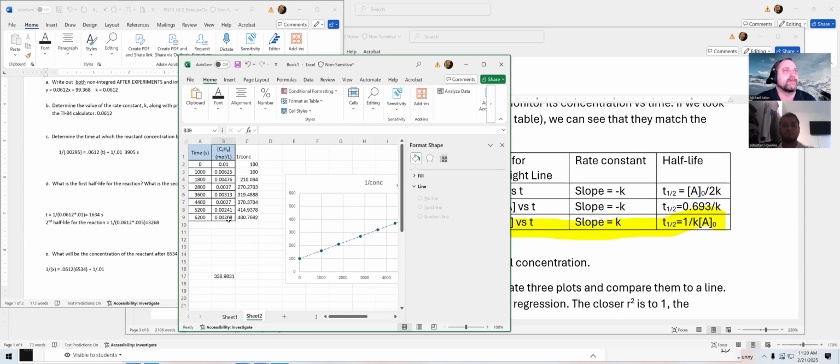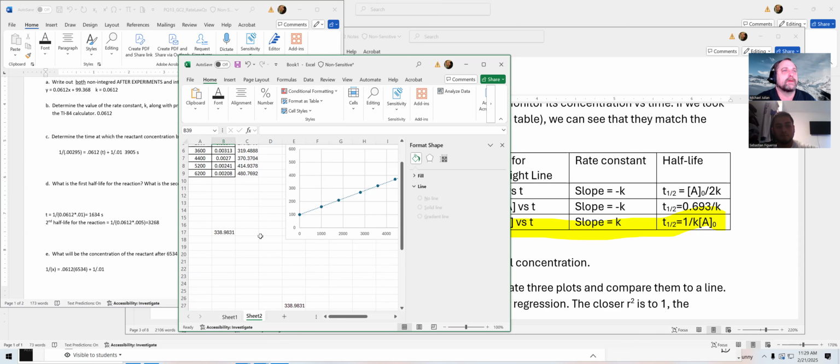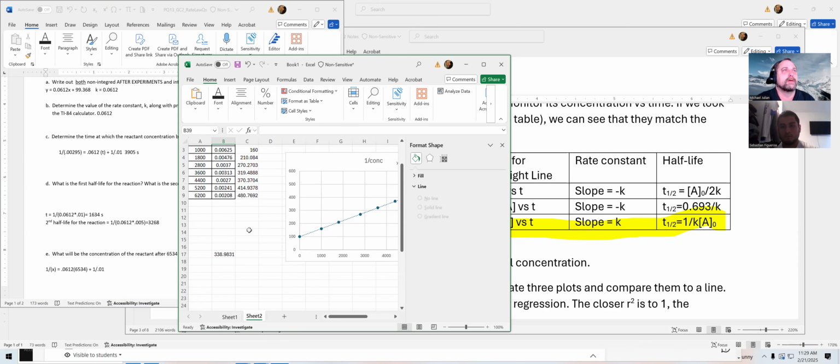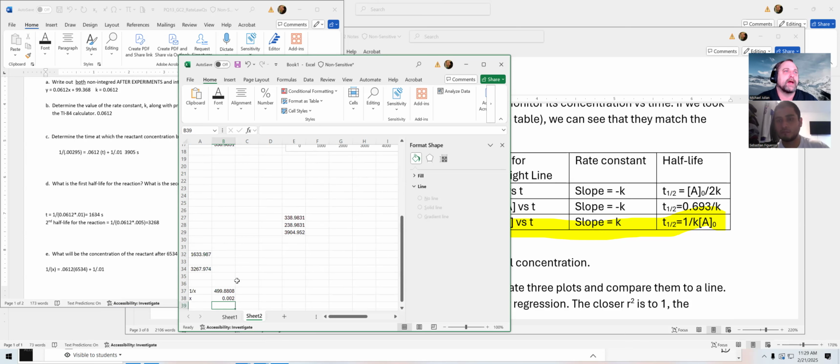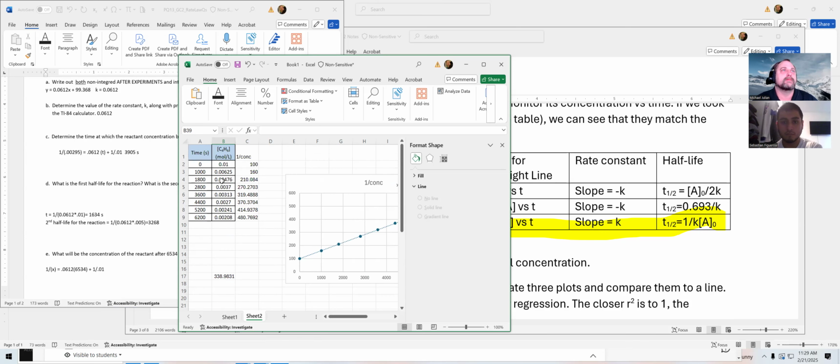6534 is down past here, but we can see 0.002, so it should be in about that range. So when you're doing these, always double check. You want to make sure that when you go back to your data, it actually makes sense, because it's real easy on these to make a typo or to forget a parentheses or something like that.